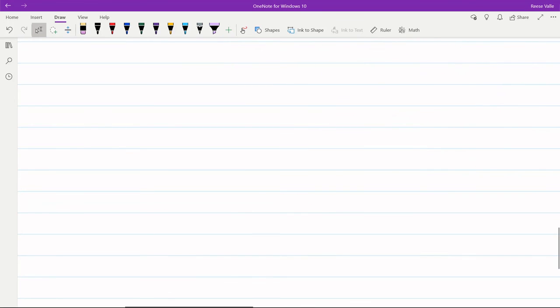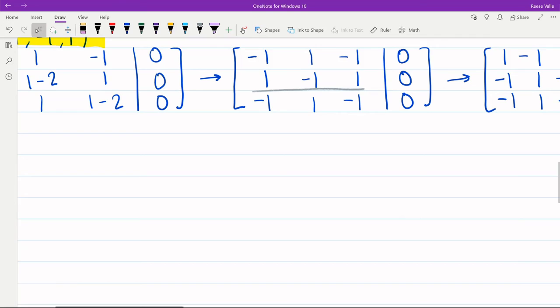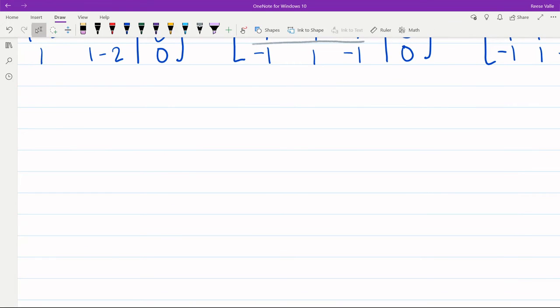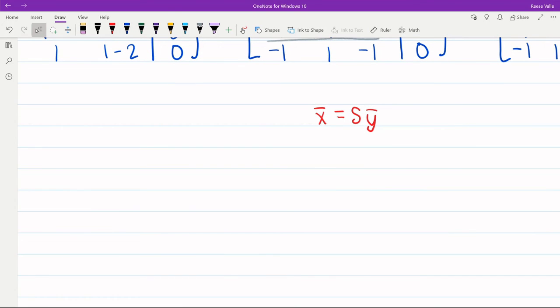Okay, so back to the problem. We want to remember this equation, which I think is in section 7.3.